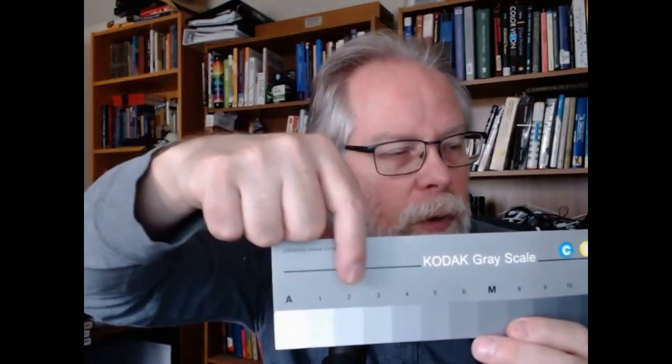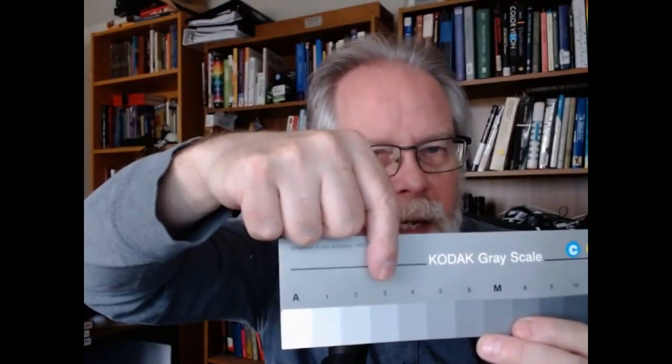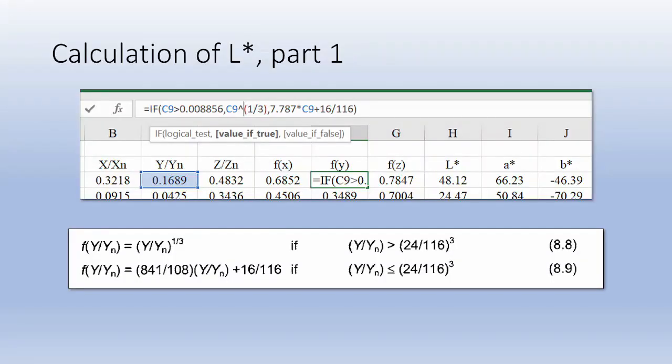The reflectance of this patch here, which is number 3, is halfway between pure white and pure black, which is odd. The eye is not a linear device, and L star is designed to match that nonlinearity.